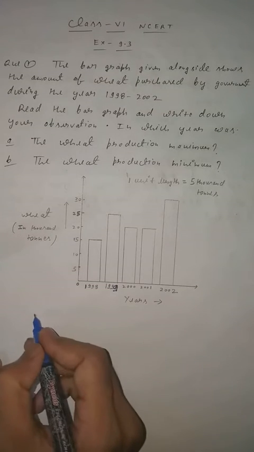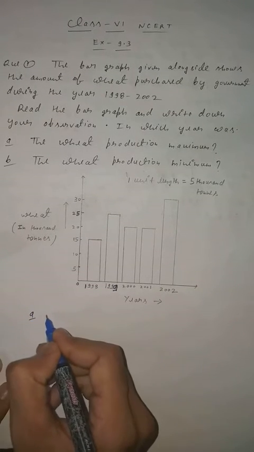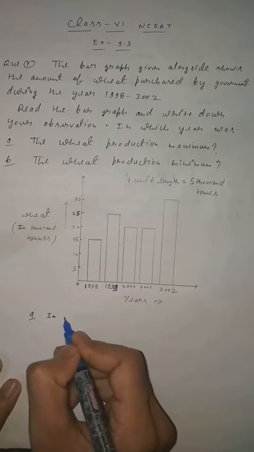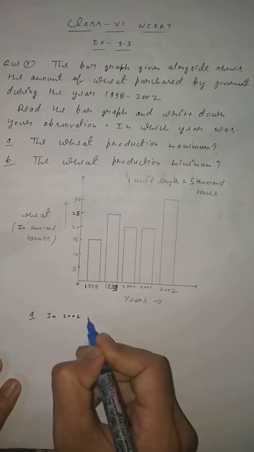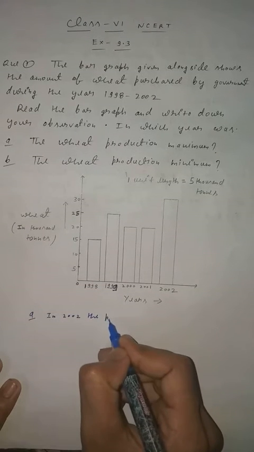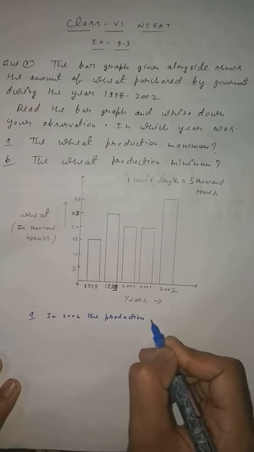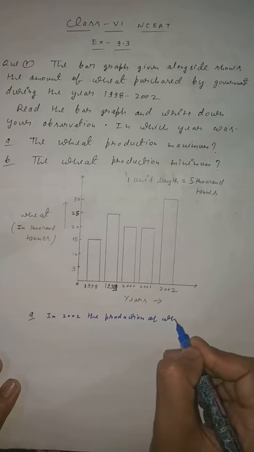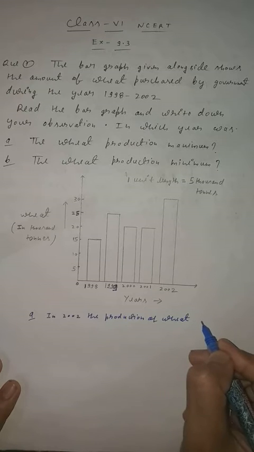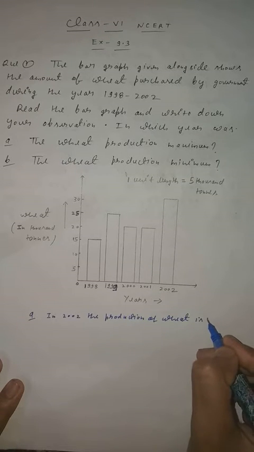So for A, you will write down: in 2002 the production of wheat is maximum.